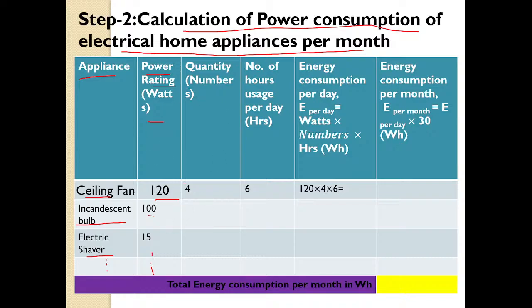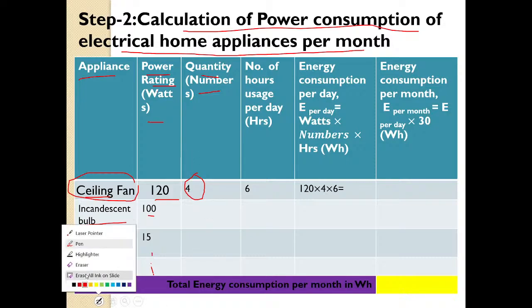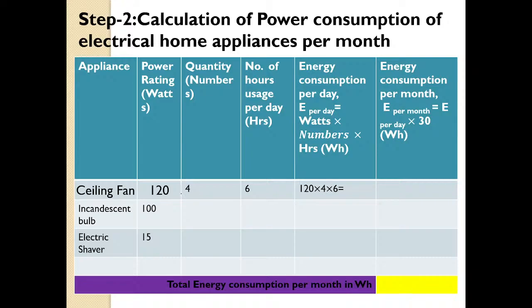Okay, so quantity, the number of ceiling fans. In our house, there may be at least 2, maybe more than 2 ceiling fans, depending on the number of rooms. So I have considered 4 ceiling fans in a house. You can count the number of ceiling fans in your house and write that number here.